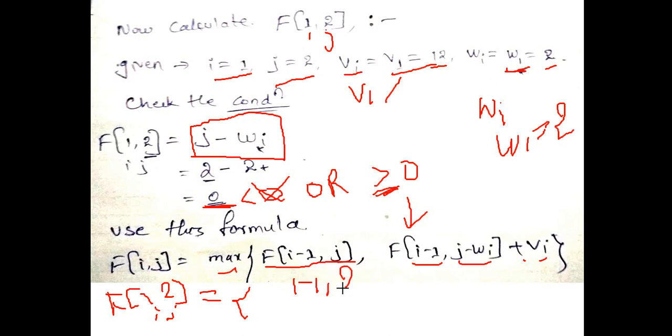Here we have to find the maximum. Two terms are there, and between them we have to choose the maximum value. The i value is 1 minus 1, comma j value is 2, and j minus wi is 2 minus 2, plus vi value 12.